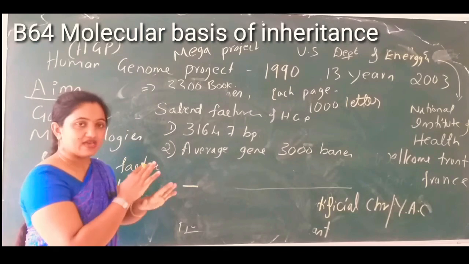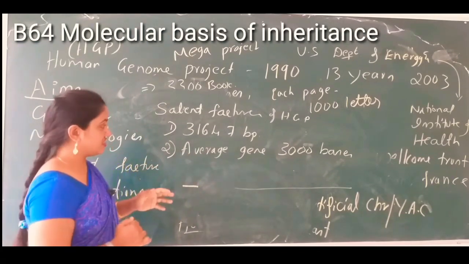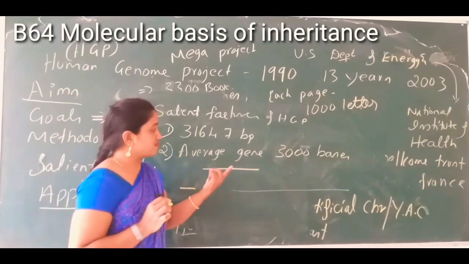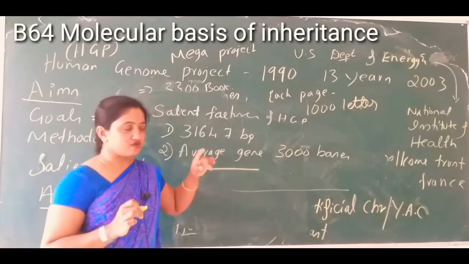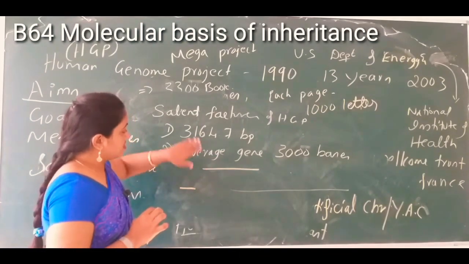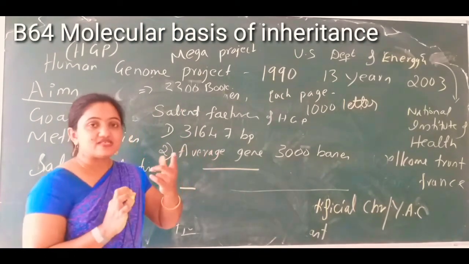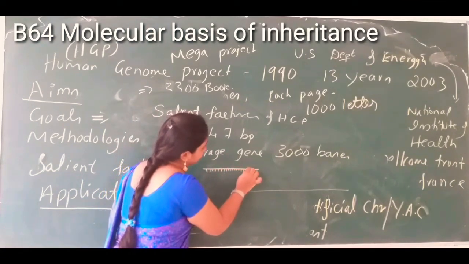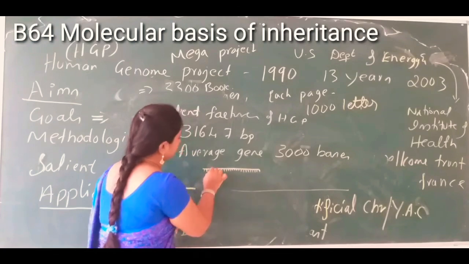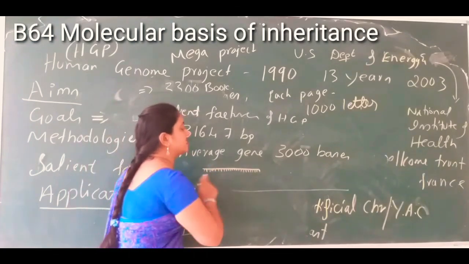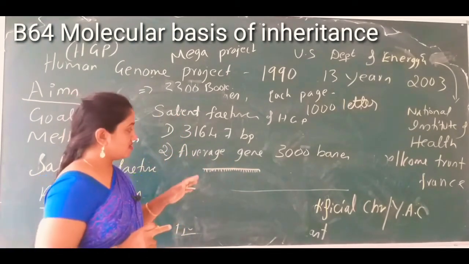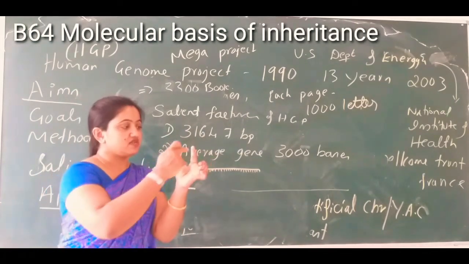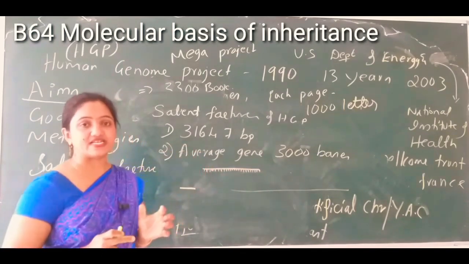If we take the average length of a gene, the maximum number of genes will have about this length. Just imagine this average gene consists of 3000 bases. Now I have written only 25 bases, so you have to imagine that in one average gene, 3000 bases will be present.